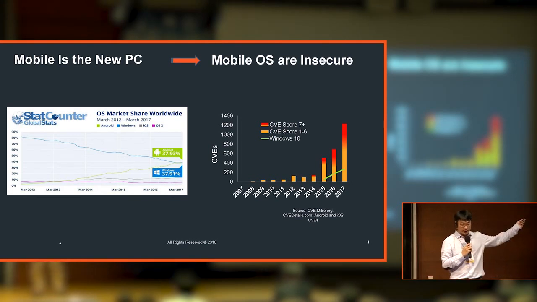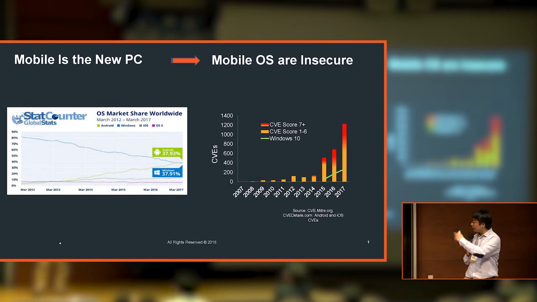Now, we can see on the first graph on the left, the mobile browsing on the internet actually last year overtook the desktop computer. On the right-hand side, CVEs, right, a measurement of vulnerability on the mobile operating system. You can see the last 3 years, the number has increased dramatically.